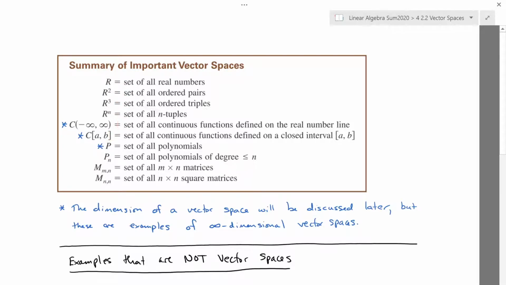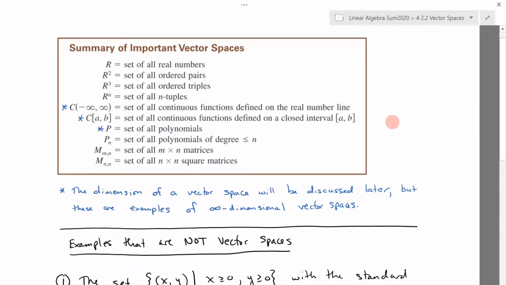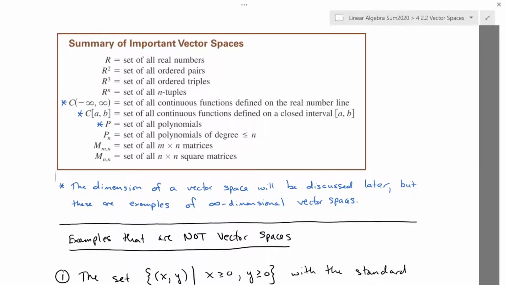This course focuses mainly on finite dimensional vector spaces, because for infinite dimensional vector spaces you have to be a little bit more careful about the technicalities. For finite dimensional vector spaces, it's a little bit more straightforward. So we mainly focus on that in this course.